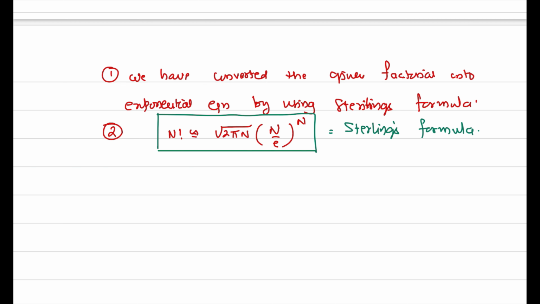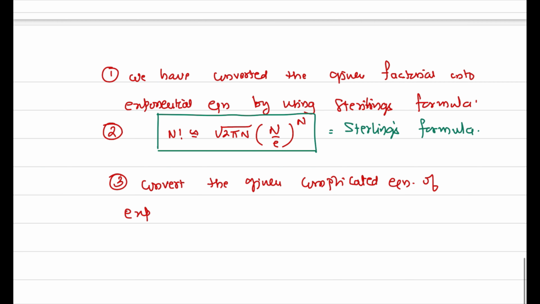From this, once you have applied the Stirling formula, third, convert the given complicated equation into simple equation of exponential. Exponential plus factorial into simple exponential.